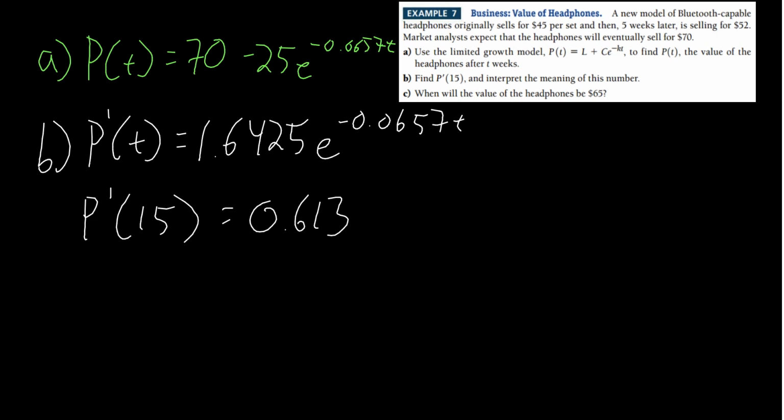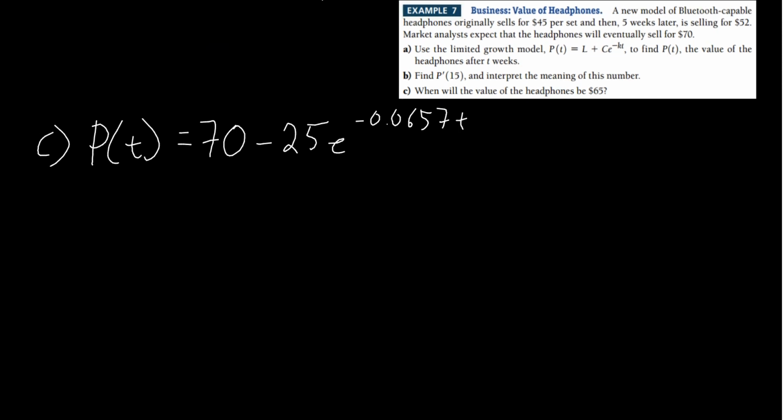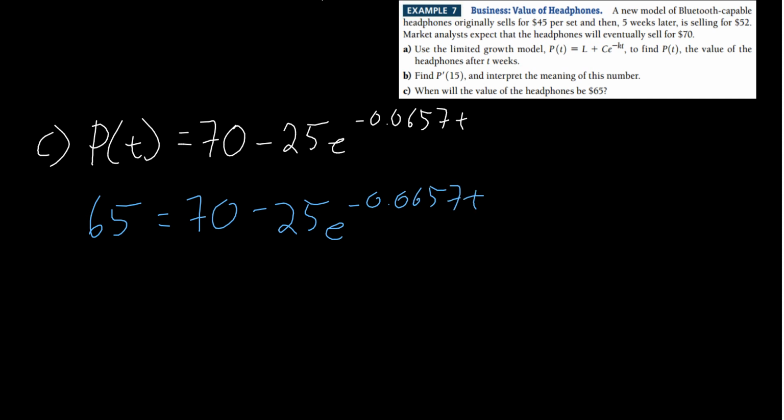I think that's right. So I have to plug in a 65 for p of t. So we'll have 65 is equal to 70 minus 25 e to the negative 0.0657t.